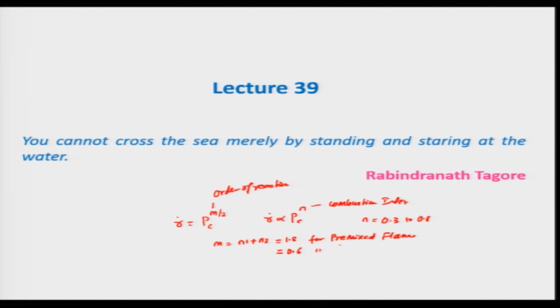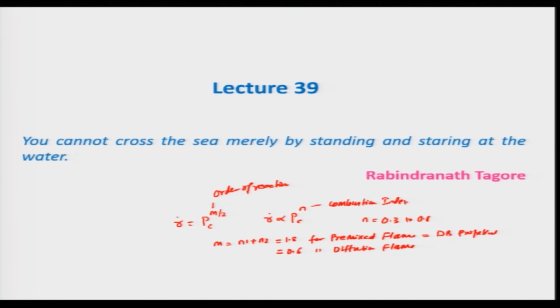So n will be of that order, and one can see that double base propellant will have it in this order, whereas the diffusion flame occurs in composite propellant, in the range of 0.3 to maybe 0.6 or 0.7.